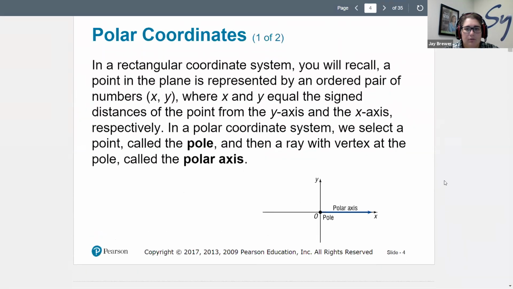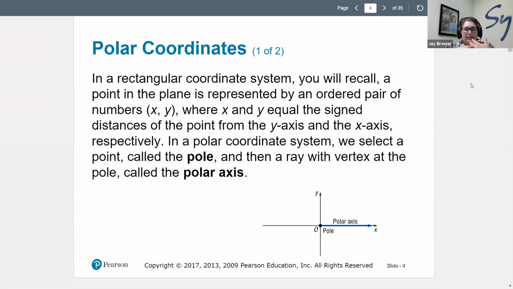So this is what you want to recall, basically. Obviously, the system you're used to working in is the rectangular coordinate system, where we have our x-axis and our y-axis, and you're typically plotting x and y points. And obviously, we can do our different functions as well. But typically, for the sake of argument, we're plotting our x and y points.